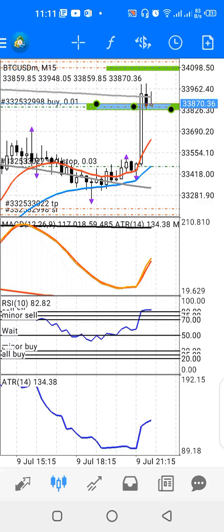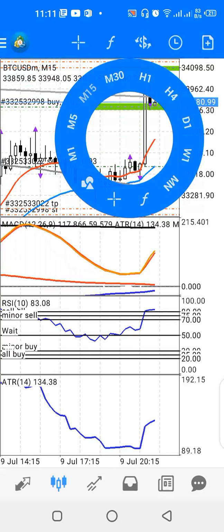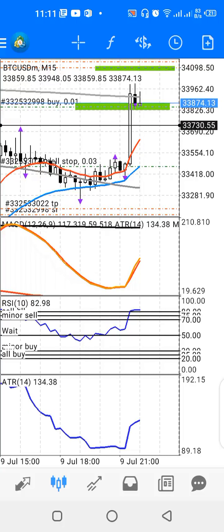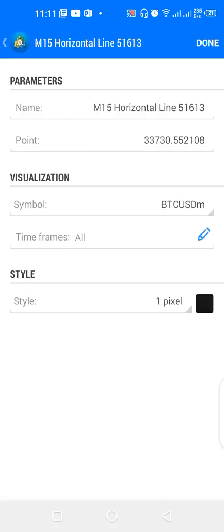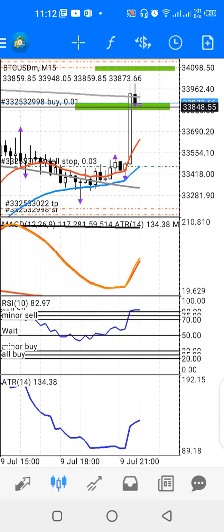Now, let me make an example. If your trade entry is at 33,848, let's assume this black line is my trade entry.